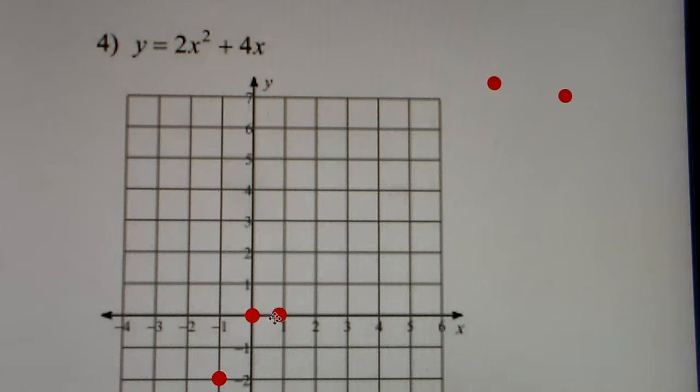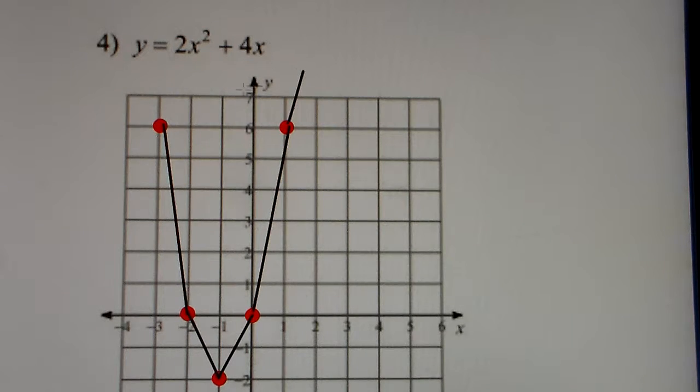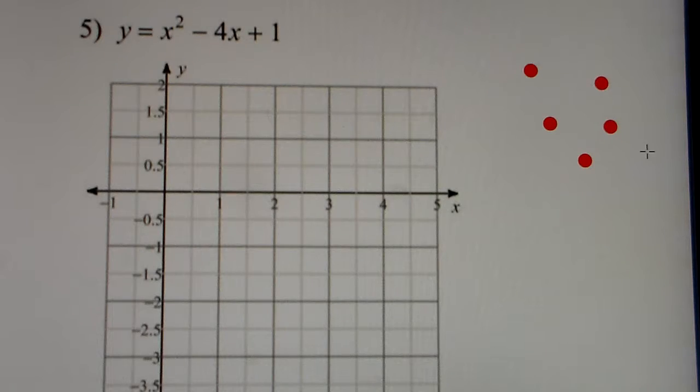That means 1 to the right, 6 up. Next coordinate's negative 2, 0. And then negative 3, 6. And then we connect our points. We get our parabola.